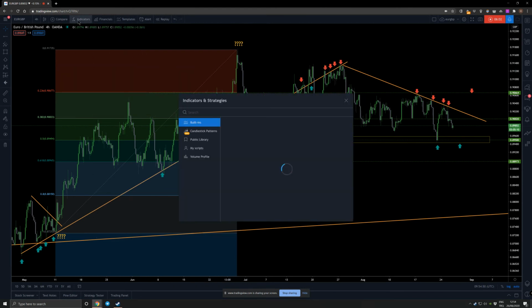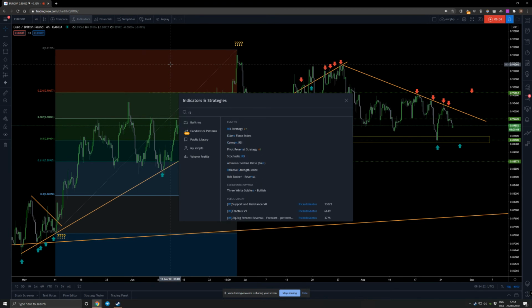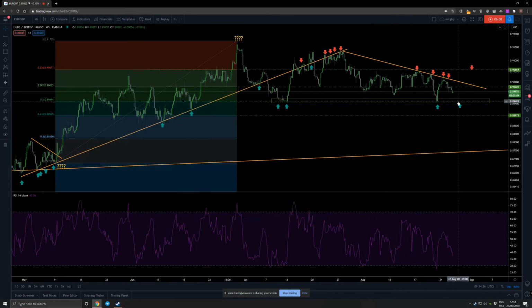Now, if I see a very nice oversold position somewhere around here on the 4-hour chart together with this, I would be even happier. Or if I come here and see a trend that is overbought and in line with this, I would like to take a short here.